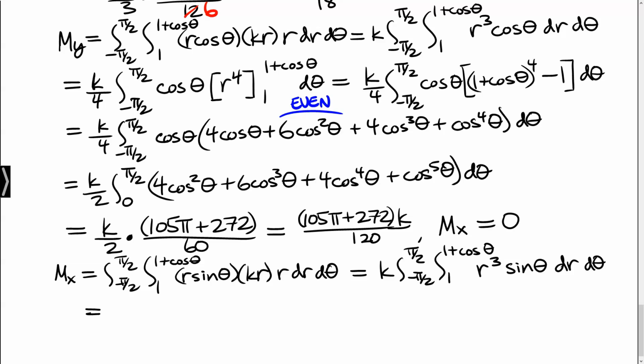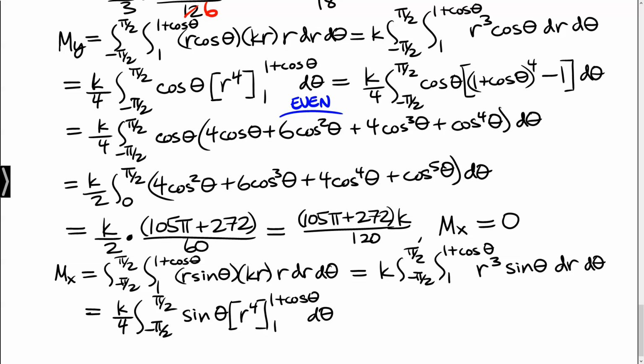And again, I can take out the 1/4. But now the sine comes out. So I've got sine of theta times r to the 4th from 1 up to 1 plus cosine theta d theta. Now, stop right here.